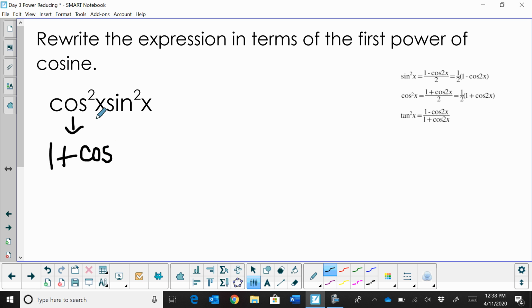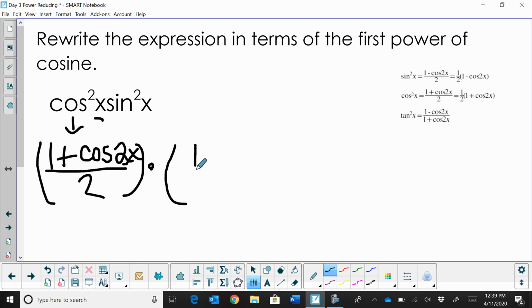Let's double the angle. Well, the angle's just x, so doubling the angle will just make that 2x, all over 2, times the power reducer for sine squared, which is (1 minus cosine 2x)/2, again doubling the angle, so 2x all over 2. So there's your first step.